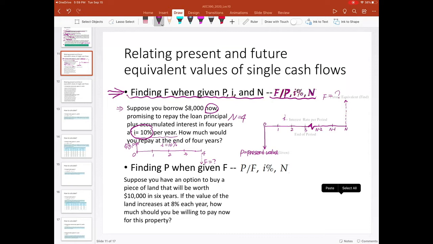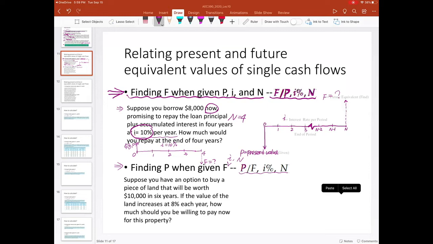Okay, and another scenario is to find the P when the F is given. Of course, the I and N will be given as well. So you can also simplify this scenario by writing this term.